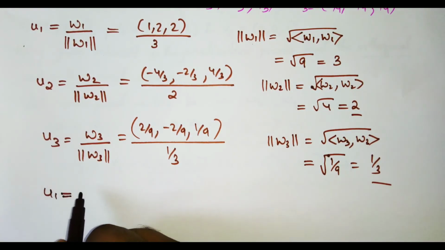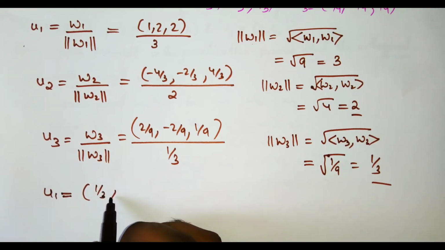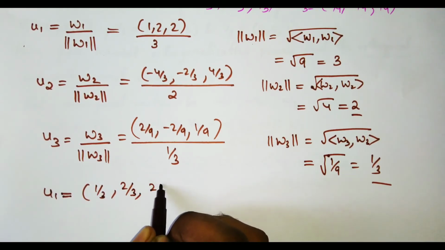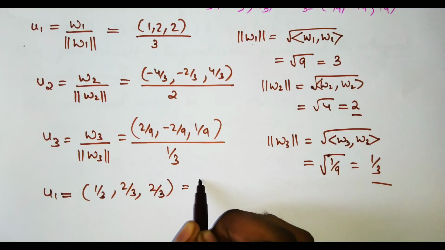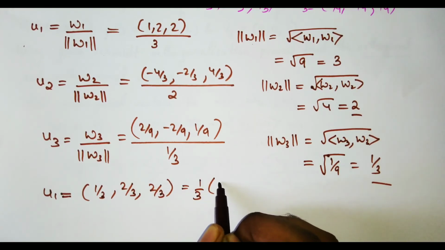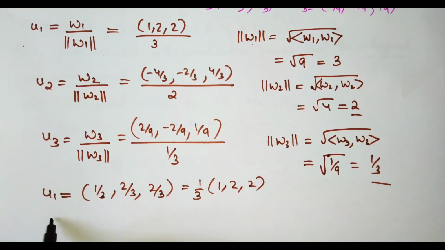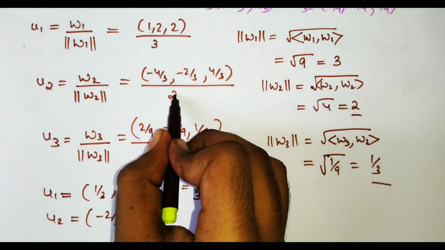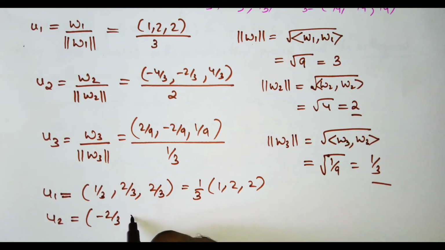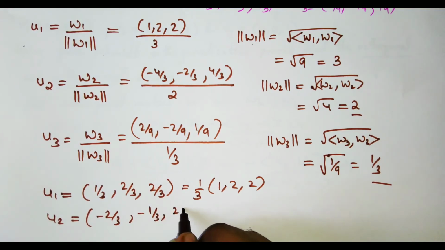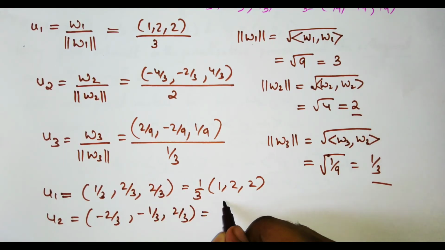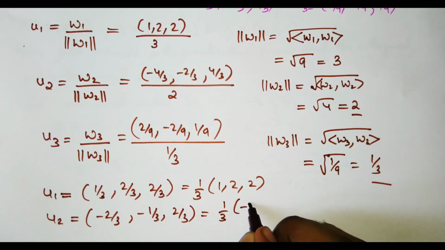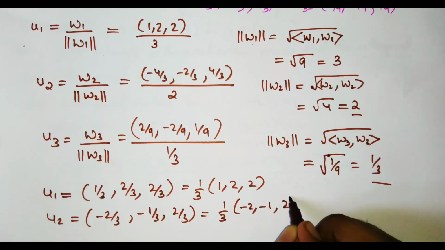So u1 is equal to (1/3, 2/3, 2/3). We can take 1 by 3 outside, so it is equal to 1 by 3 of (1, 2, 2). And u2 will be (-2/3, -1/3, 2/3), where you just have to cancel with 2. You can take 1 by 3 outside, so it is 1 by 3 of (-2, -1, 2).